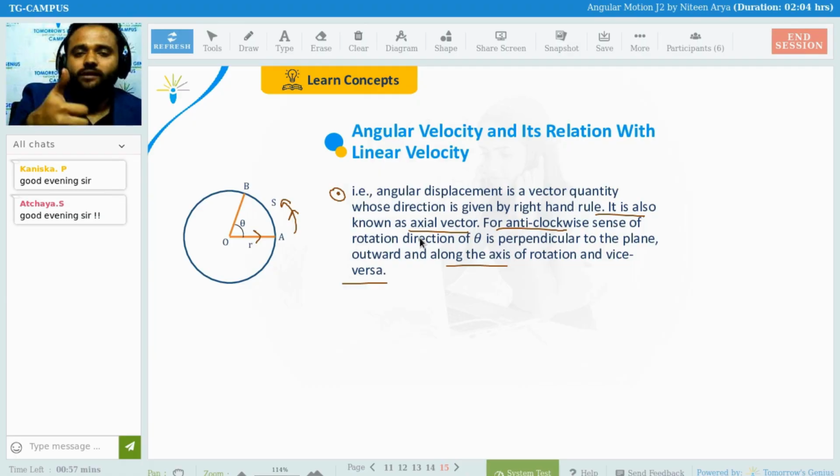Using the vector right hand thumb rule, with which we can find the direction of a vector, you automatically get theta, which is S cross R or R cross S. In general, R cross S is going to be the upper side. That is why it is positive.